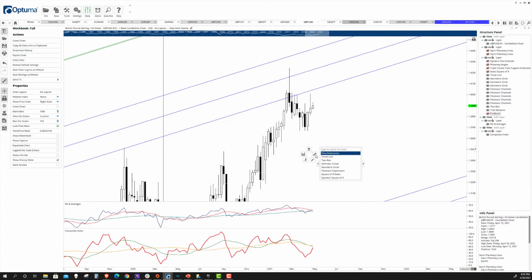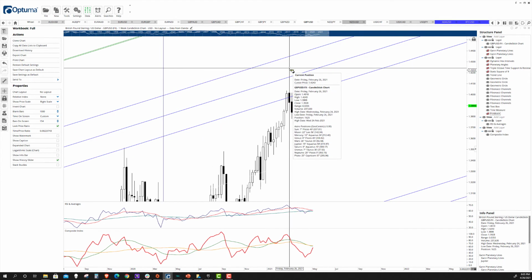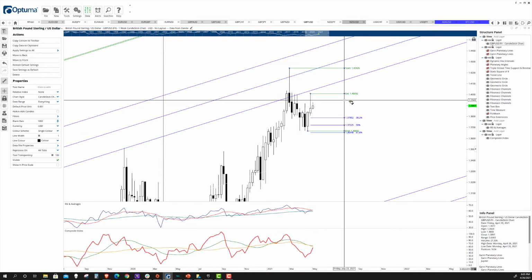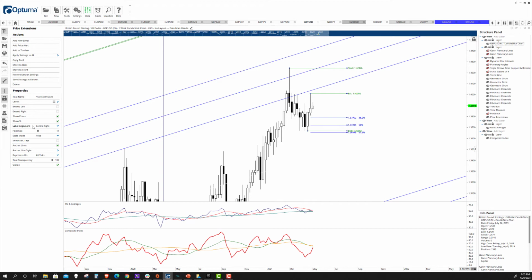Let's get an idea of where price would end up. We need to extend these. Actually, I need to get the fib extension here. Fibonacci expansion.